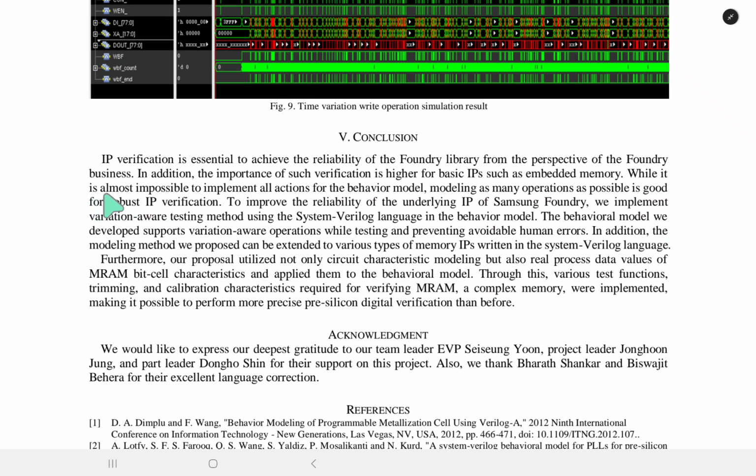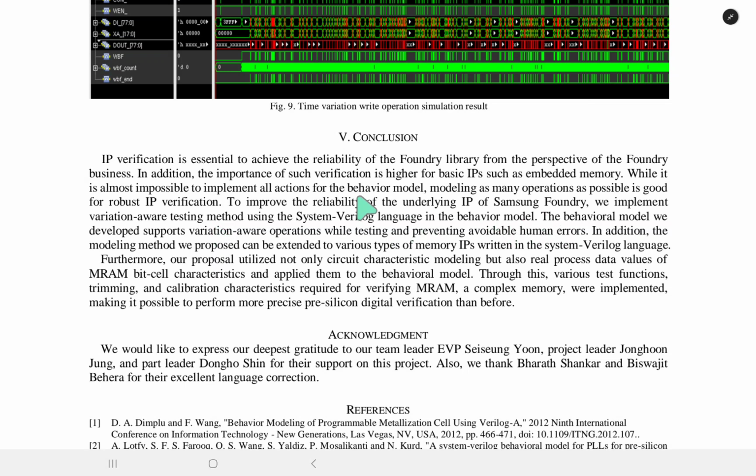While it is almost impossible to implement all actions for behavior modeling, as many operations as possible is good for robust IP verification. To improve the reliability of the underlying IP of Samsung Foundry, we implement a variation-aware testing method using the SystemVerilog language in the behavior model.